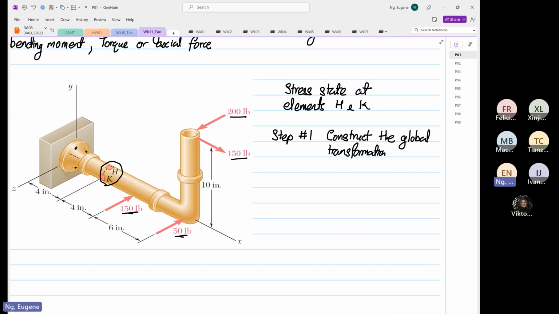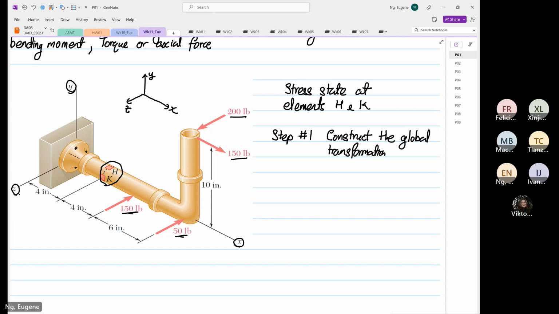What do I mean by global transformation? You know that this is the X direction, this is the Y direction, and this is the Z direction. Sometimes, like for this question, it is given, but if it's not, you have to determine it.